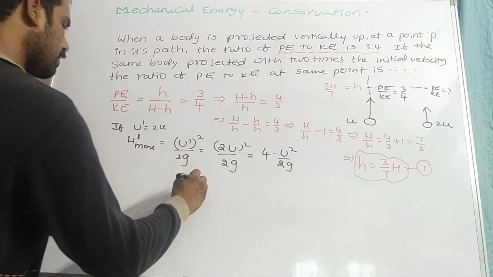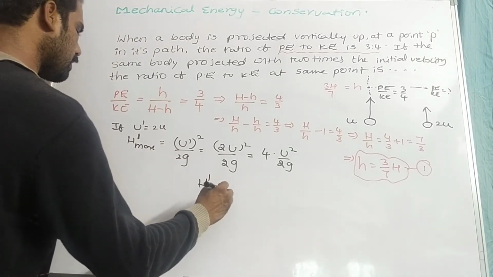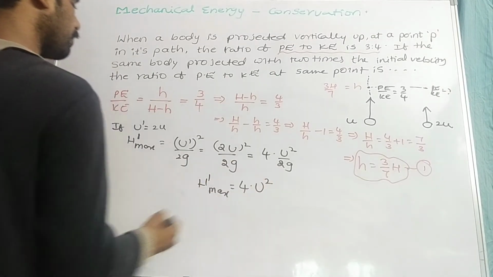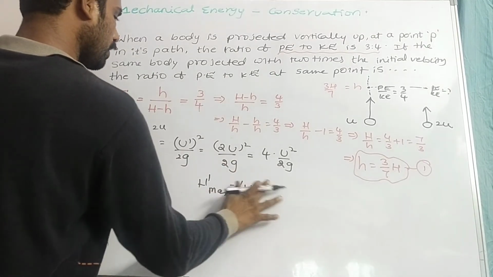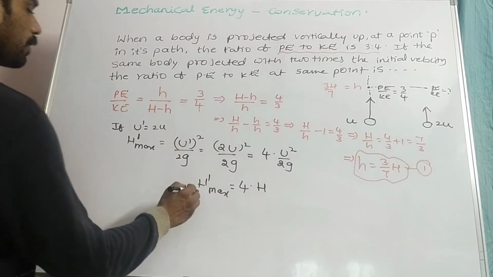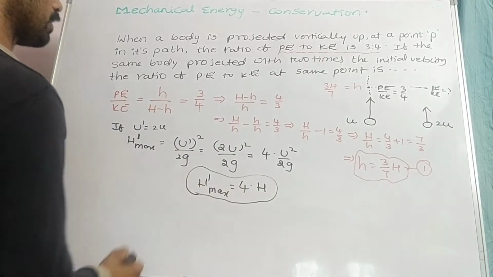Now it can be written as H dash max is equal to 4 into H.